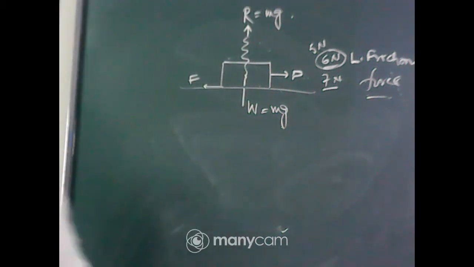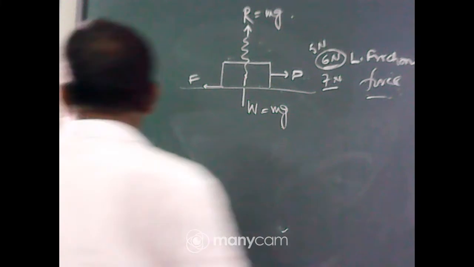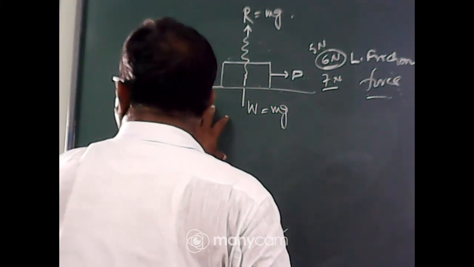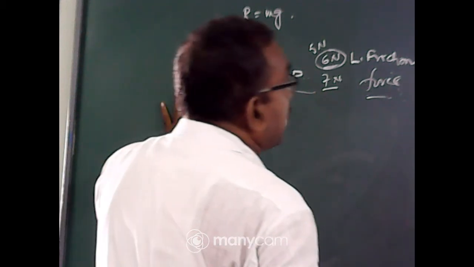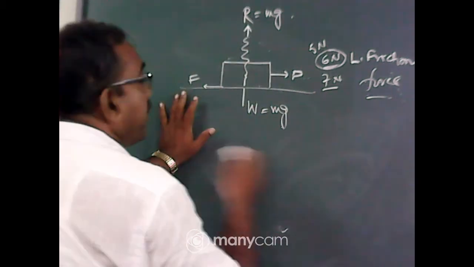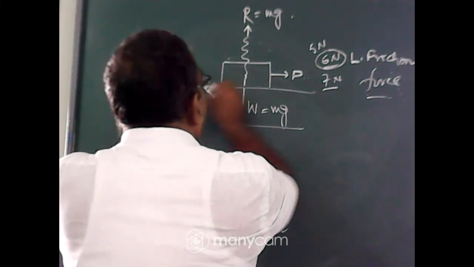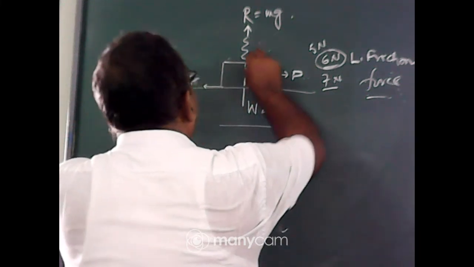And last, if the mass of this object is more, the frictional force will also be more. My dear students, friction and reaction force are both vector quantities.